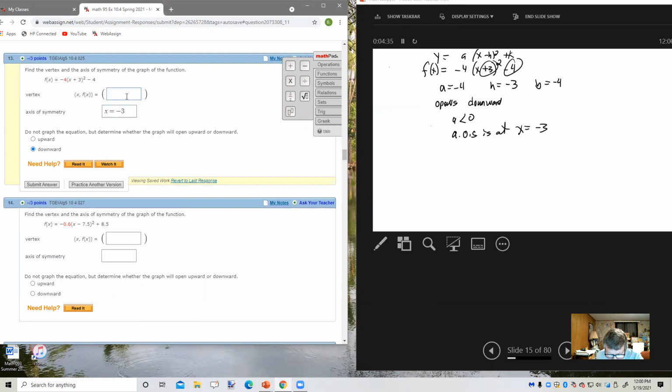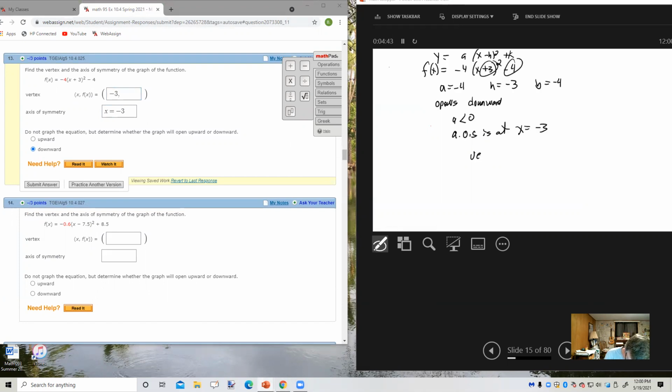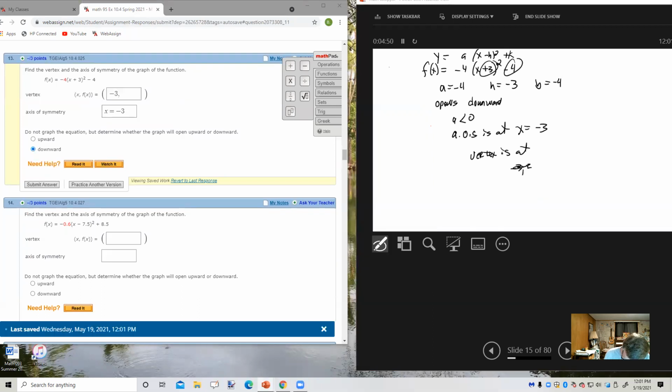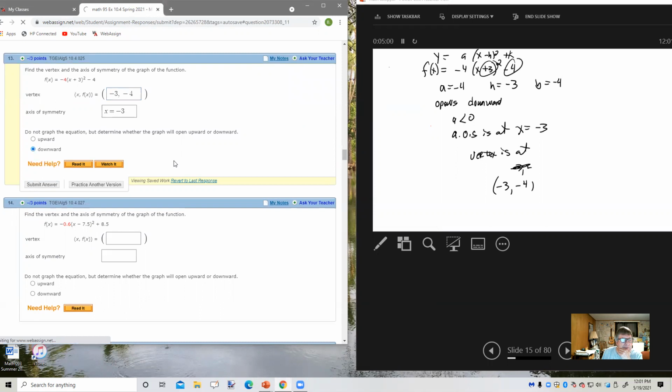The vertex is going to be at -3, comma, let's see, h, k. So -3, comma, -4. And let's see what that says.